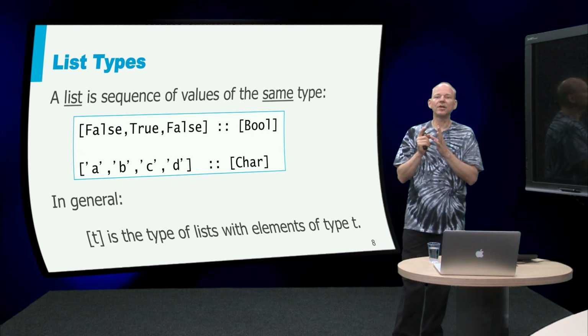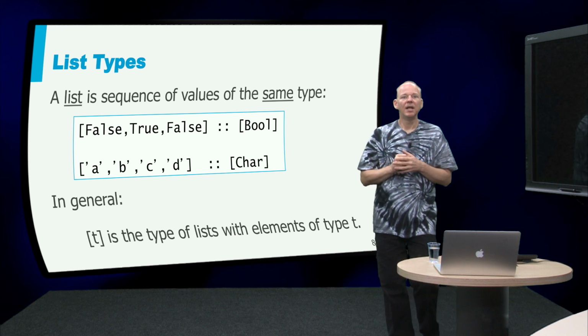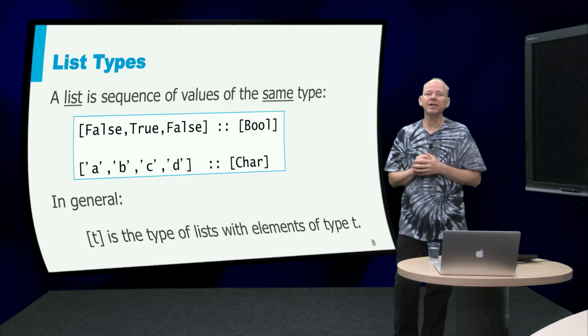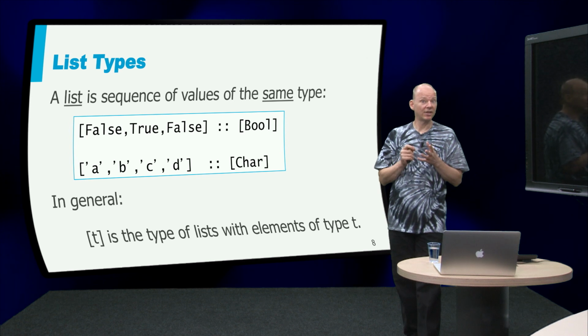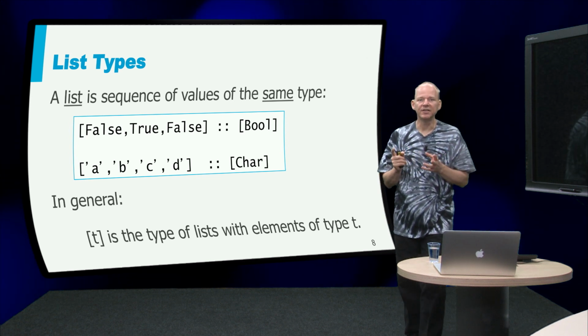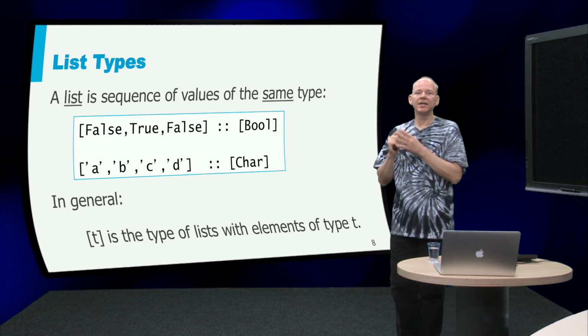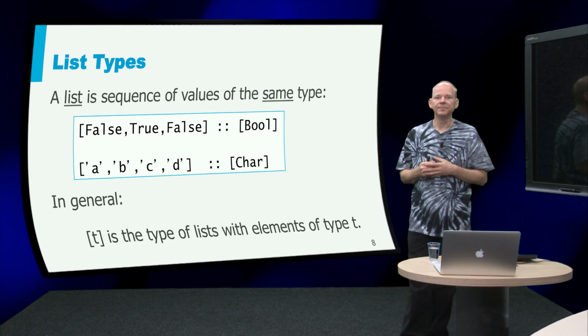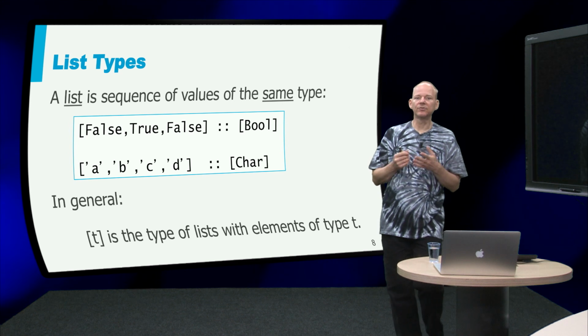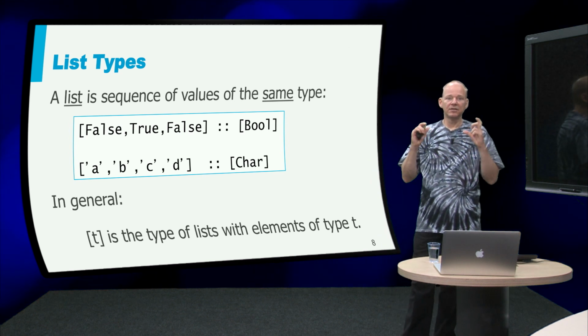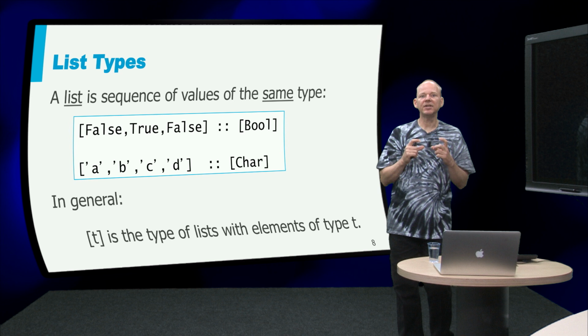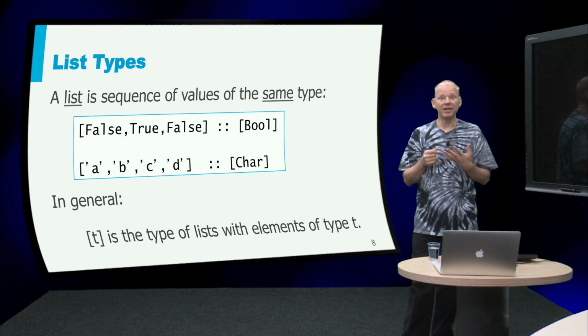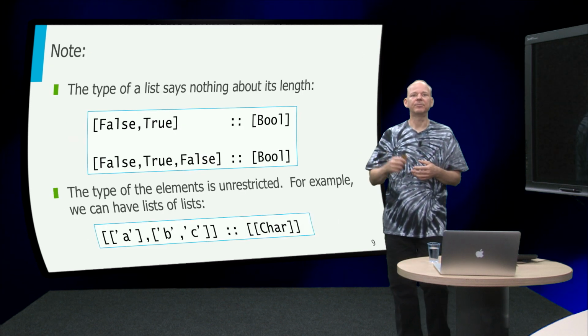So False, True, False has type list of Bool. The second example there is a list of characters, A, B, C, D, and its type is a list of Char, and that's just the same as String. So in general, the rule is that square brackets of T, list of T, denotes the type of lists with elements of type T.